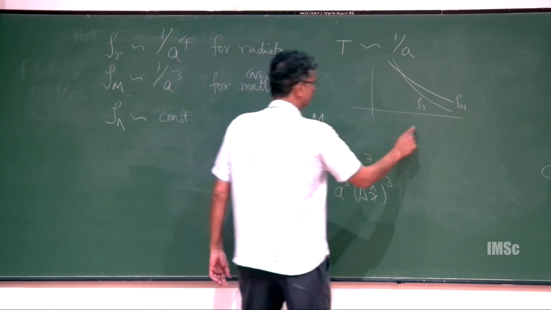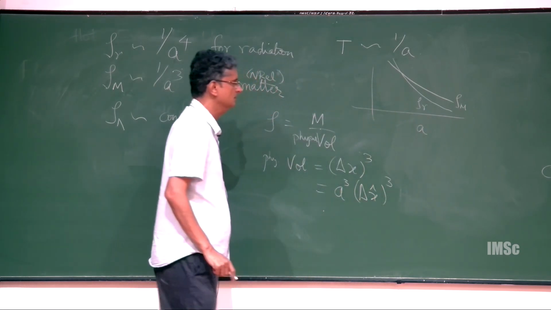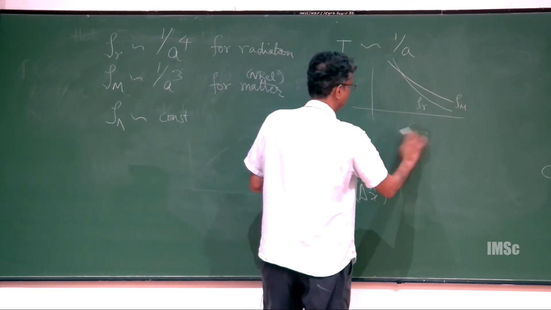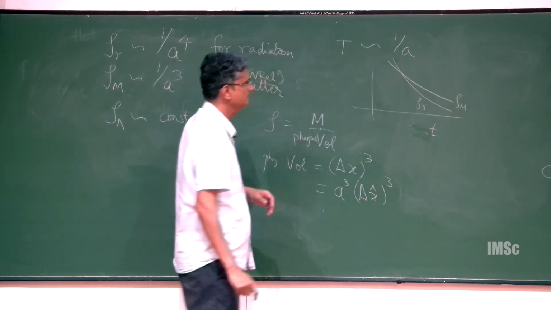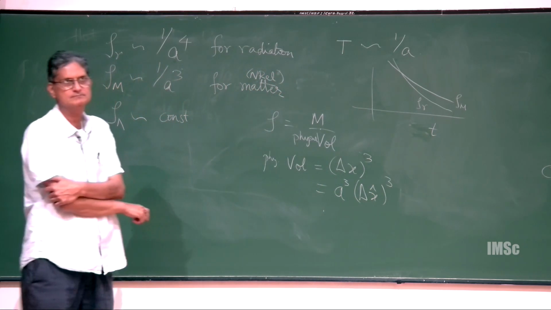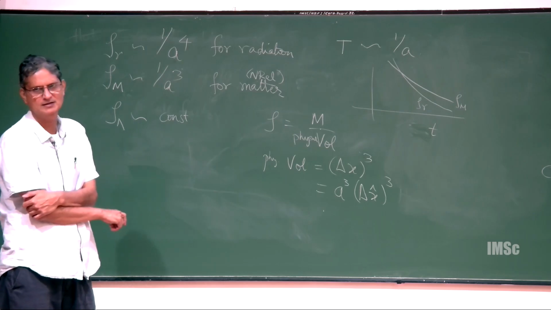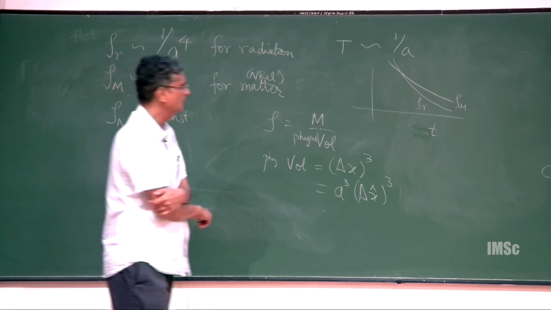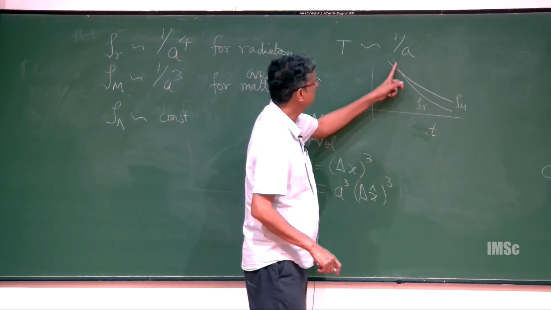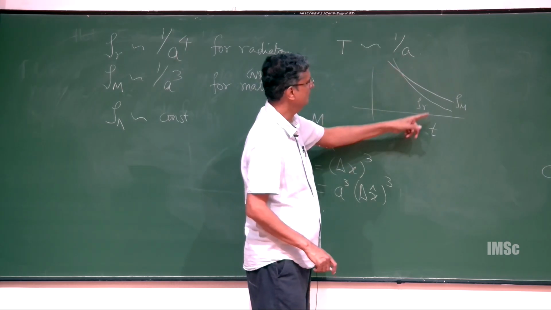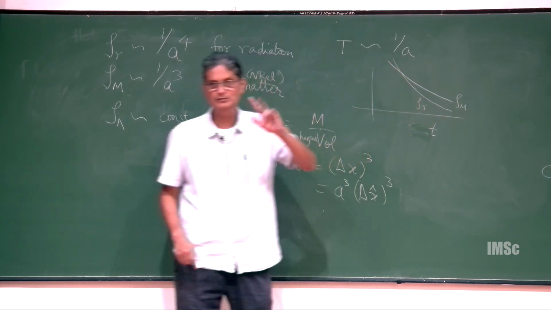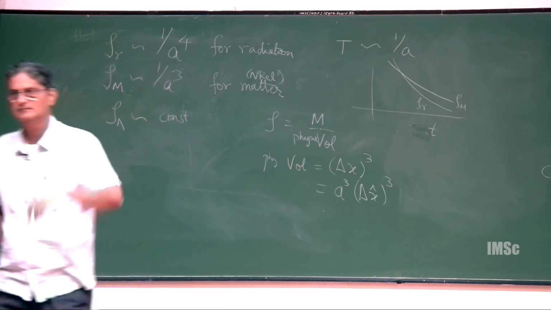This falls faster, 1 over a to the fourth. Time or a, whatever. So if you start with something and you wait long enough, radiation will become subdominant. You will be dominated by matter.